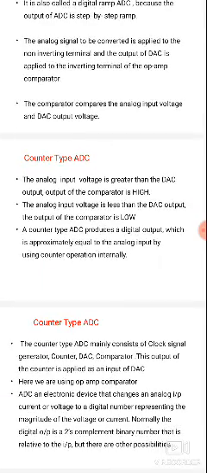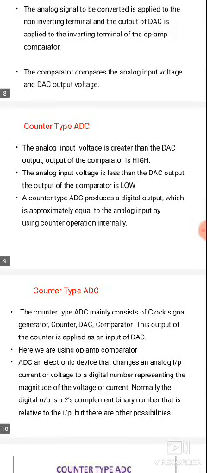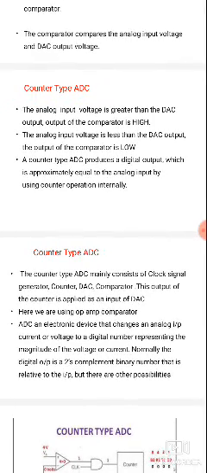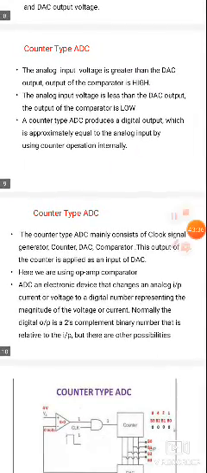First, if the input voltage VA is greater than the DAC output, then the AND gate is enabled, and whenever the AND gate is enabled, the clock pulses are transmitted and reach the counter. The counter starts the counting process. Whenever the analog input voltage is less than the DAC output, the comparator output is low and the AND gate is disabled.